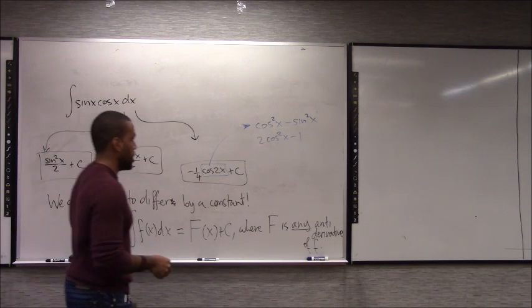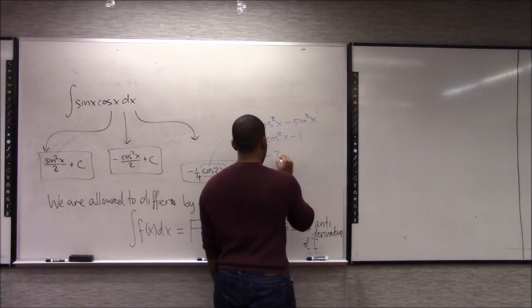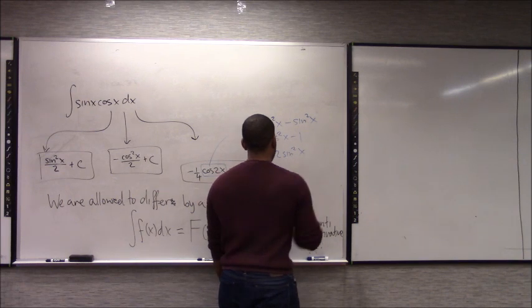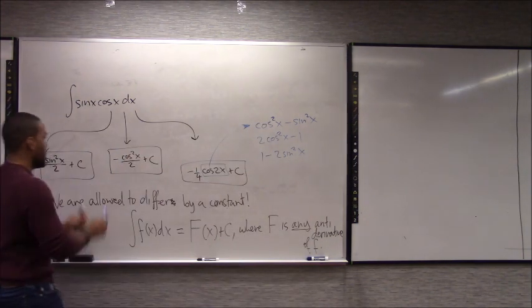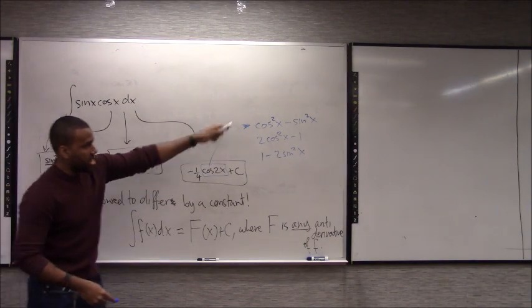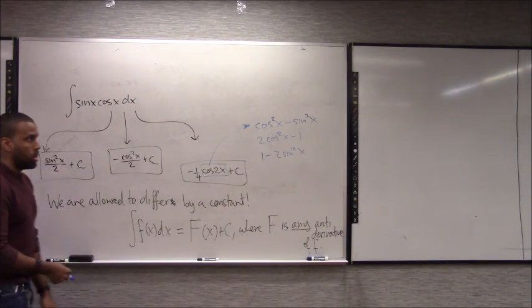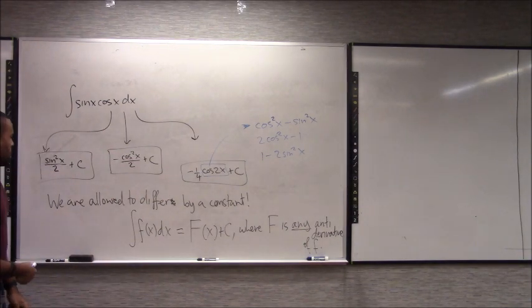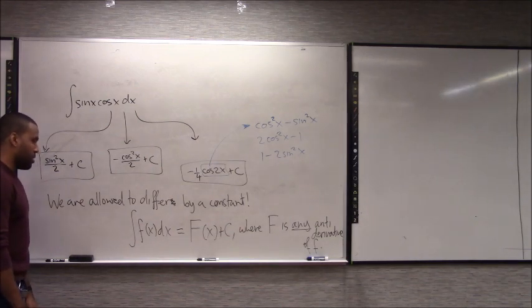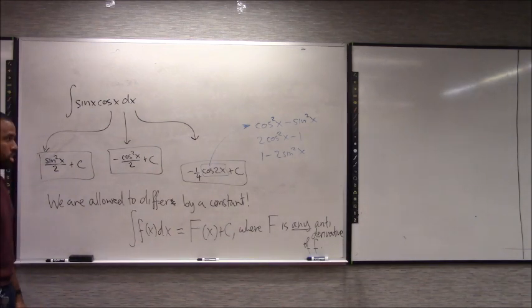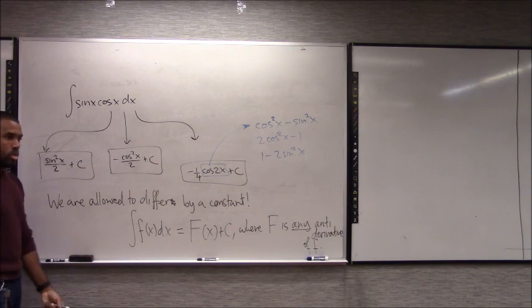We'll multiply by a minus 1/4. It's also 1 minus 2 sine squared x. So all these guys play well to each other. You can connect all of them by a constant. While they look different in terms of a formula, they're all just one constant off from each other. And that makes it okay.